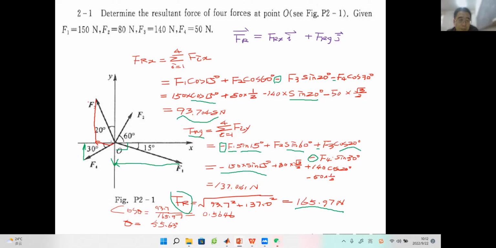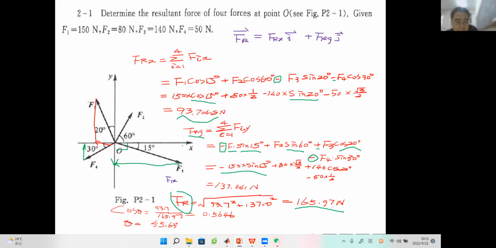We can see from this figure that F1 is located in the fourth quadrant of this coordinate system, and it intersects the positive direction of x at 15 degrees. When we do this projection, we try to find the so-called F1x.